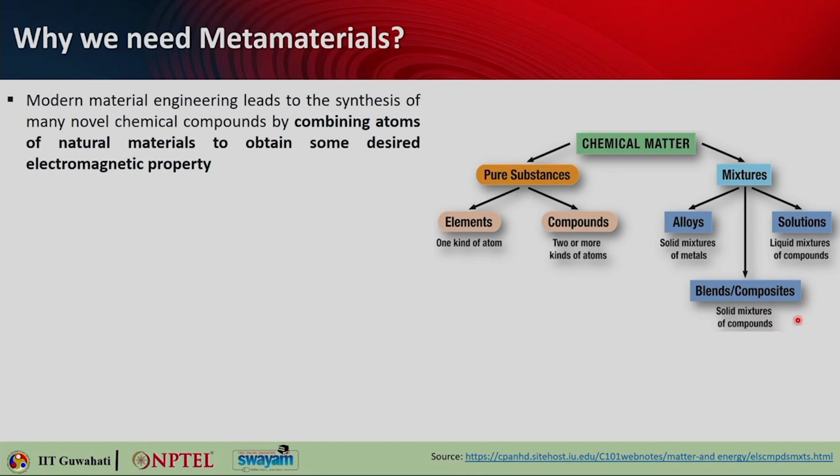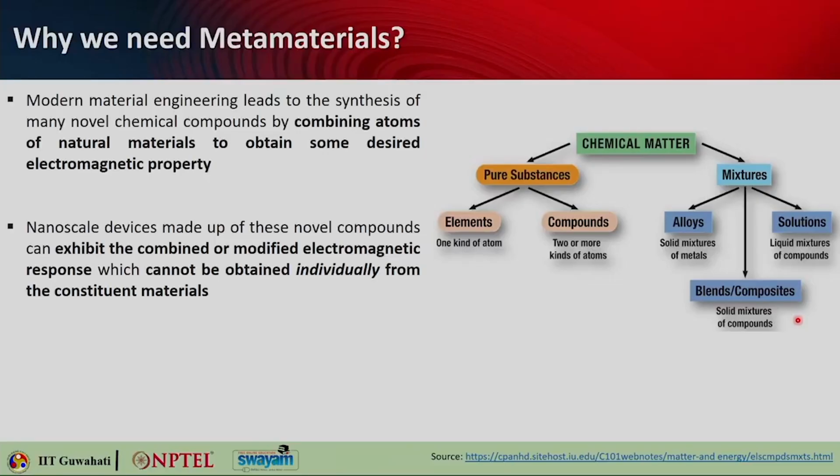These are different types of mixtures where people have tried different recipes to get different properties, but more or less the properties are coming from one of the constituent materials. There is nothing that comes out completely random or unique which does not belong to any of the constituent materials.